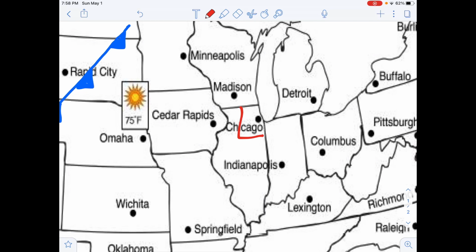And so when that happens, that air goes up into the atmosphere, and it's cold up there. So again, we get phase change, we get lots of clouds, we get condensation of water vapor, and often precipitation. So a low pressure system is going to bring condensation, clouds, and rain.